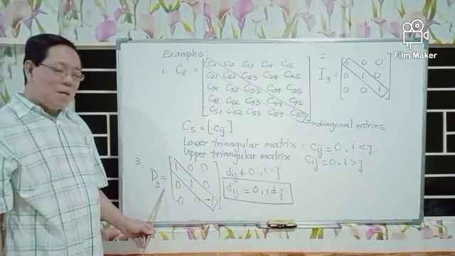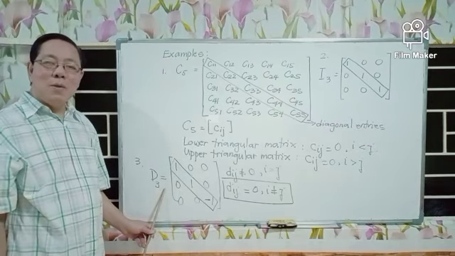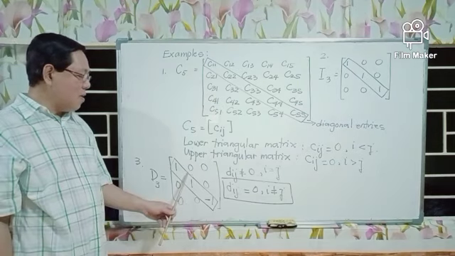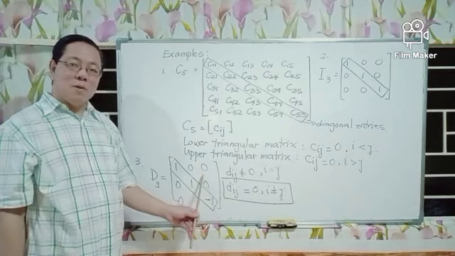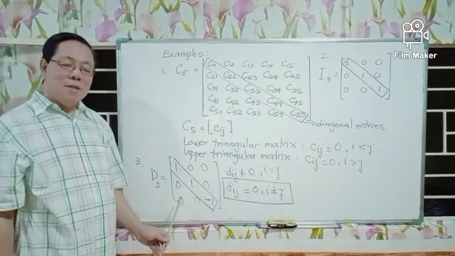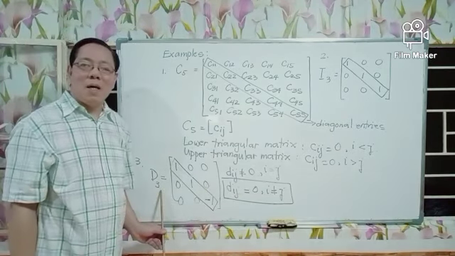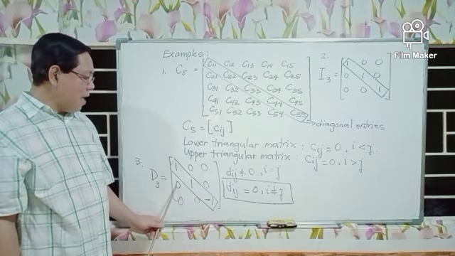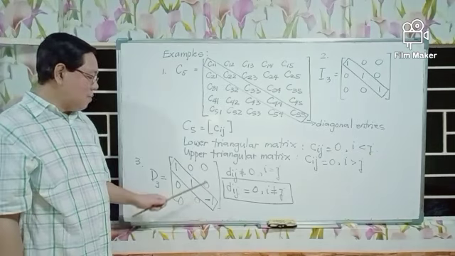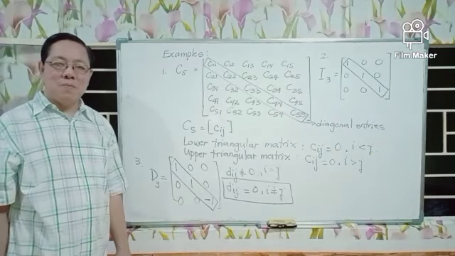But a diagonal matrix is a lower triangular matrix because the entries above the diagonal are all 0, and the diagonal matrix is also an upper triangular matrix because the entries below the diagonal are also 0.